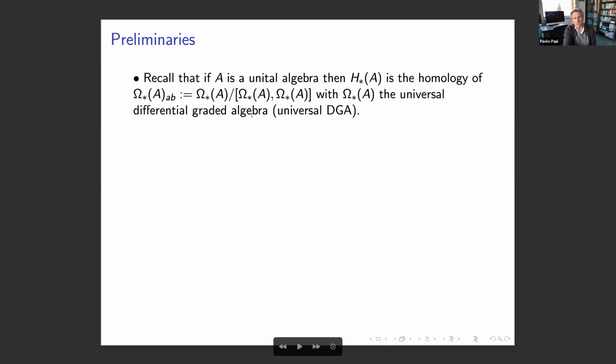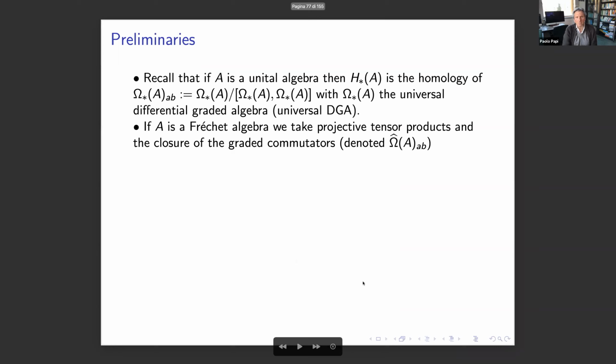I use this notation, AB means abelianization. Oh, let me say first of all that if A is a Frechet algebra, then you want to take the projective tensor product, and then you would take the quotient by the closure of the commutator, but this is a more topological definition.